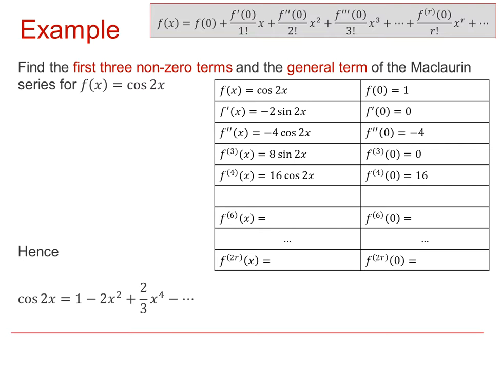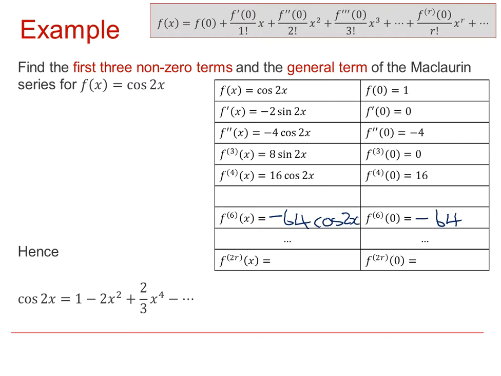In order to find the general term of the Maclaurin series, let's move further on down the table. The sixth derivative would be minus 64 cos 2x, and a value of minus 64.